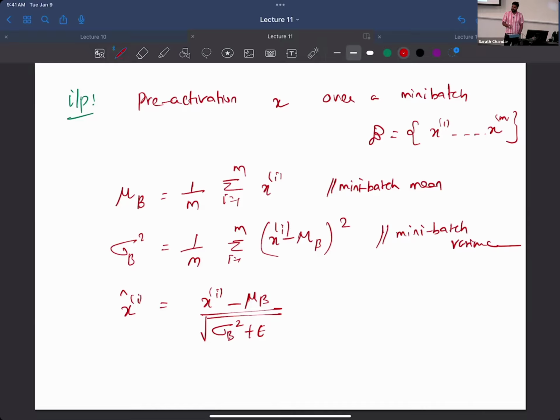Is that clear? You could. This is all linear, this is all differentiable.